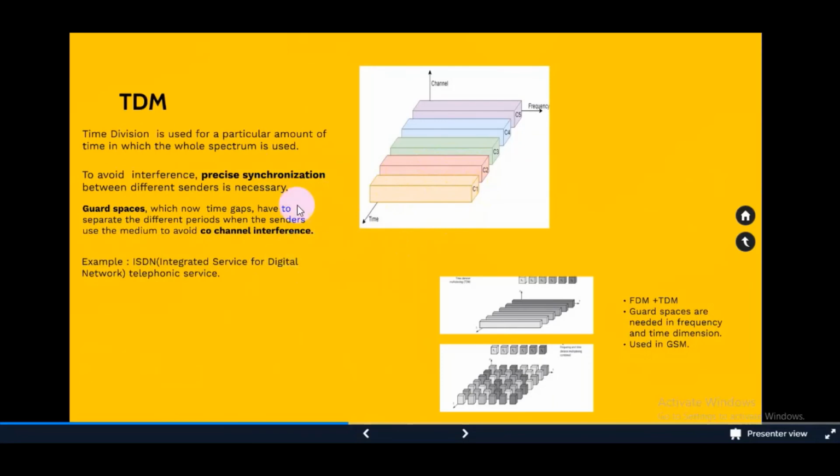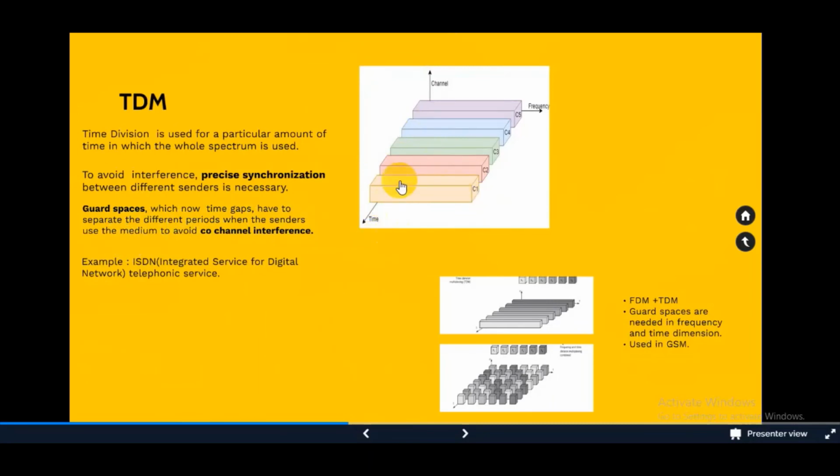When we talked about frequency division multiplexing, we had guard spaces to avoid adjacent channel interference. Here we are trying to avoid co-channel interference, and for that reason we need guard spaces. That guard space is also with regard to time gaps. The time gaps have to separate the different periods when the sender uses the medium.